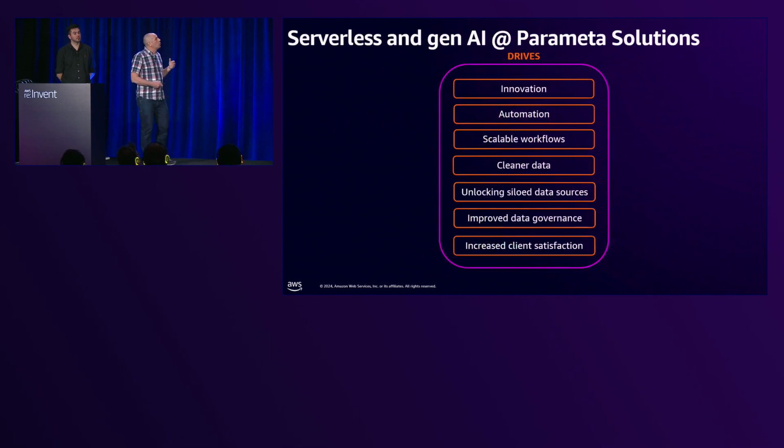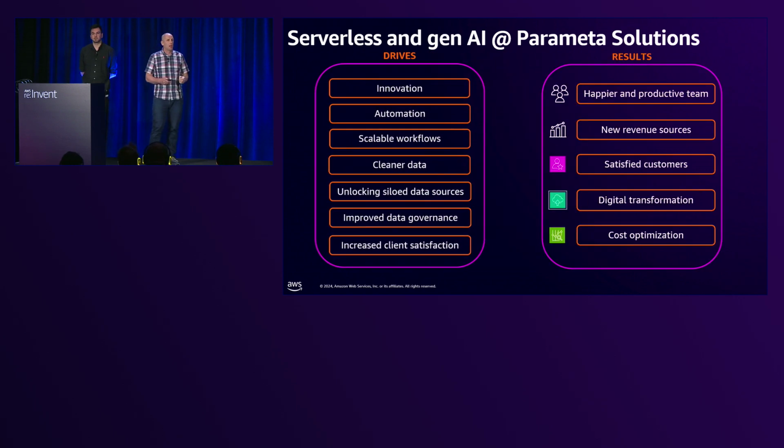Really what we're finding is that serverless and GenAI is driving innovation. It's helping us to automate workflows, and we're finding that we can unlock siloed data stores. This is leading to cleaner data, better data governance, and as a result, we got new revenue streams.